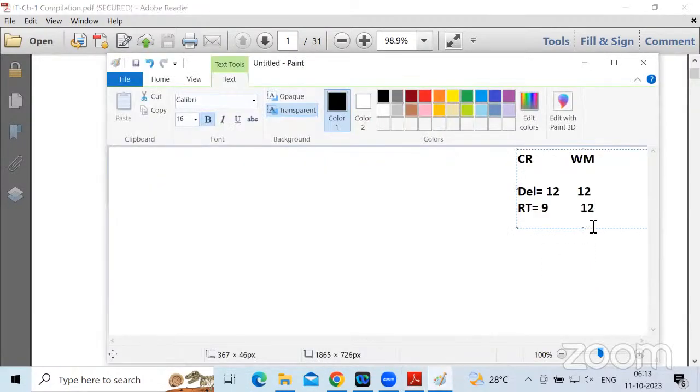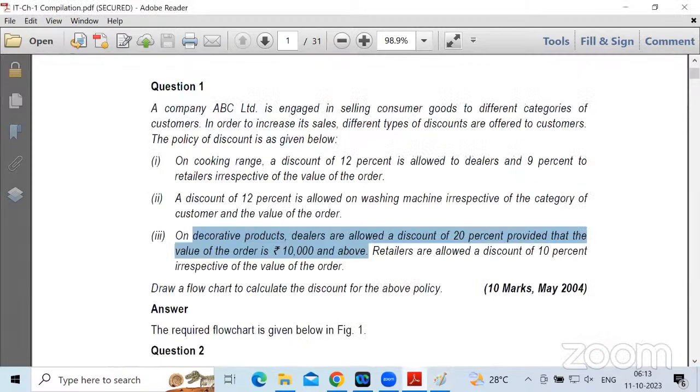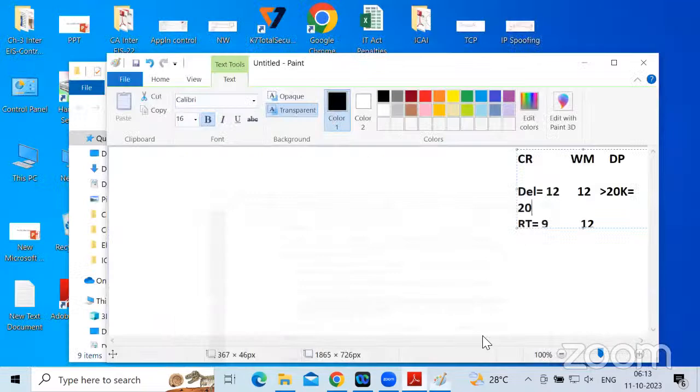So for dealers, let us add one more product, decorative product. We subdivide it into two: if it is more than 10,000, the discount is 20%.